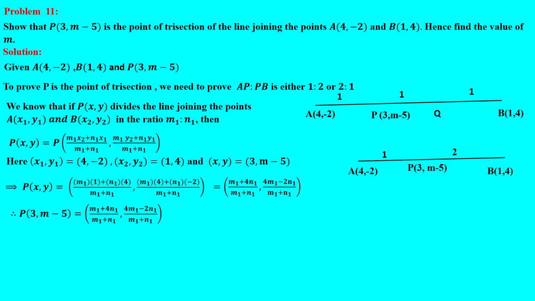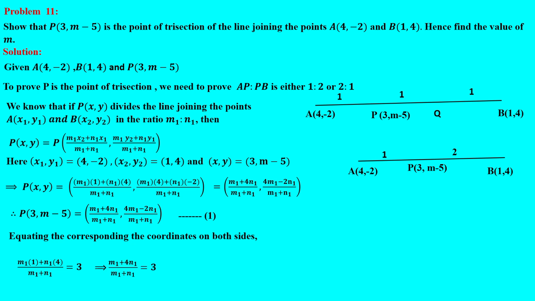Equating the corresponding coordinates on both sides, we take the x coordinate only, since we need to find m1 is to n1, that is the ratio. So (m1 plus 4 n1) by (m1 plus n1) equals 3.